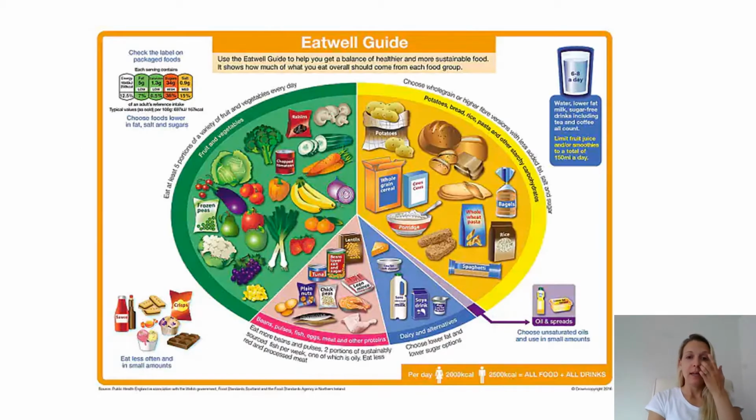Okay, so the Eat Well guide, it's like a nice big version of it. So per day, women, I'm going to say I should have about 2,000 calories per day. That is the normal range that should stop me from being malnourished. So not too little food or too much food. And men, you guys should have 2,500 calories per day.